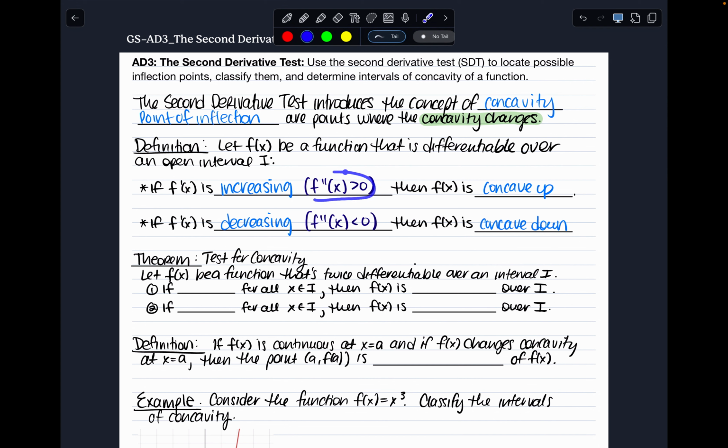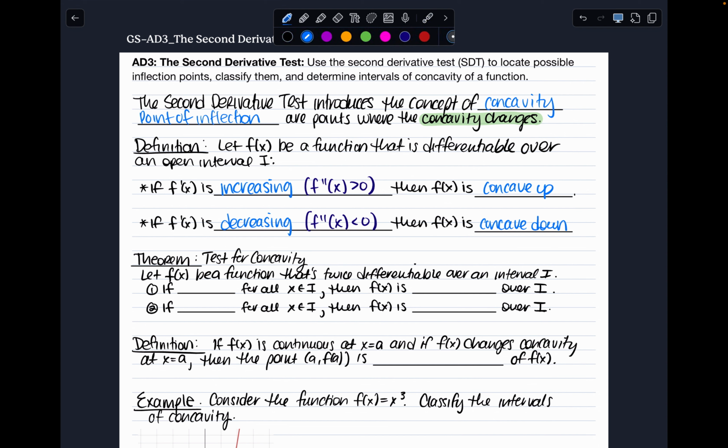I'm looking at the sign of f double prime to see if f prime is increasing. Just like I looked at the sign of f prime to see if f was increasing, I'm just taking it up one step. I'm looking at the derivative of the derivative and its sign to determine the behavior of f prime, which then gives us information about the concavity of the function f.